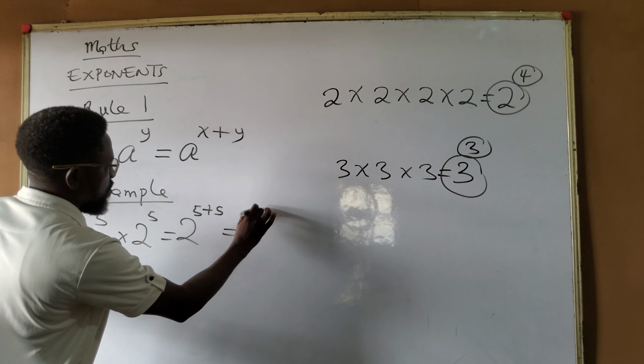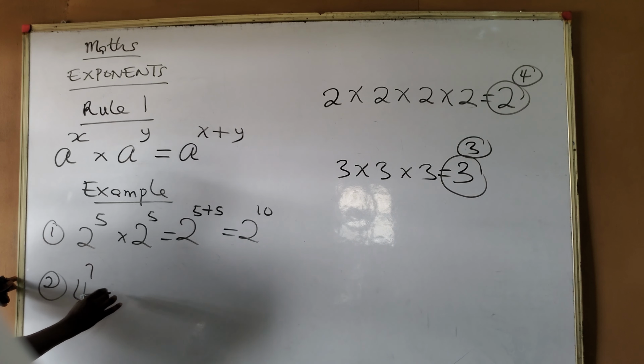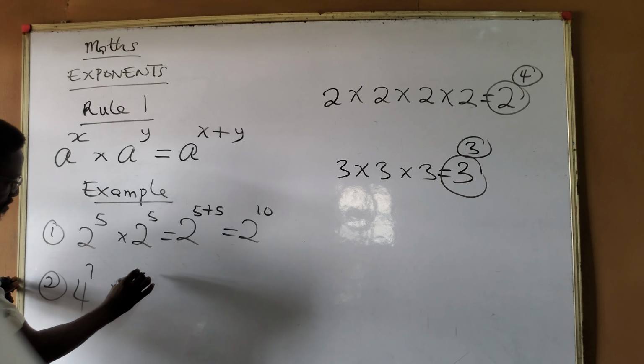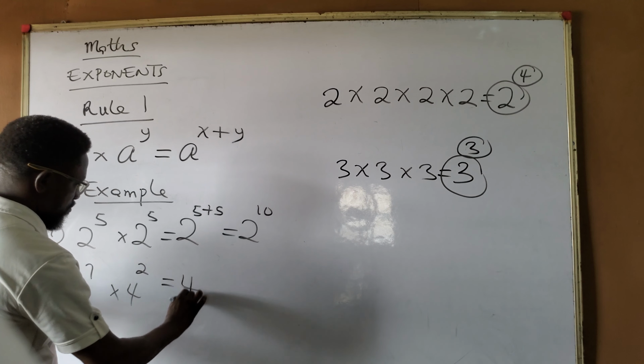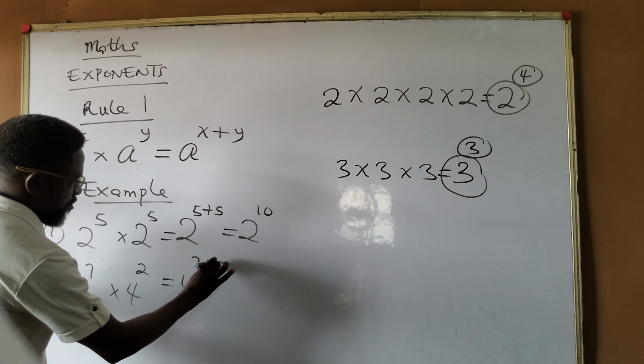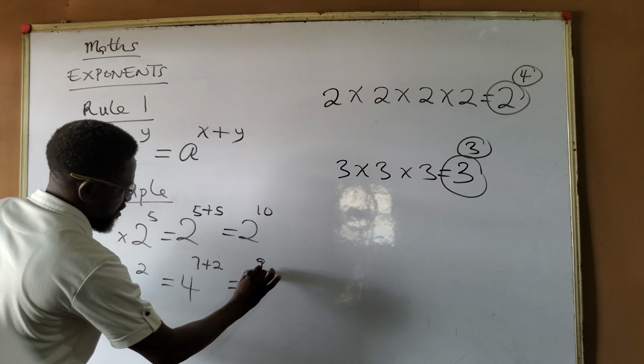That will be 2 raised to the power of 10. Also, you have something like 4 raised to the power 7 times 4 raised to the power 2. This will be 4 raised to the power 7 plus 2, and that will be 4 raised to the power 9.